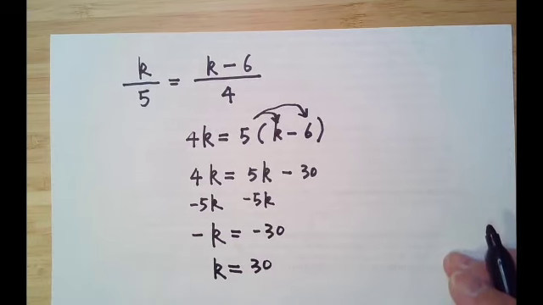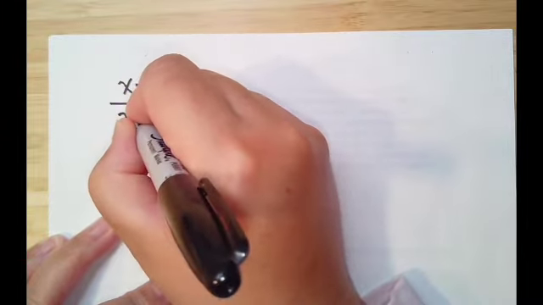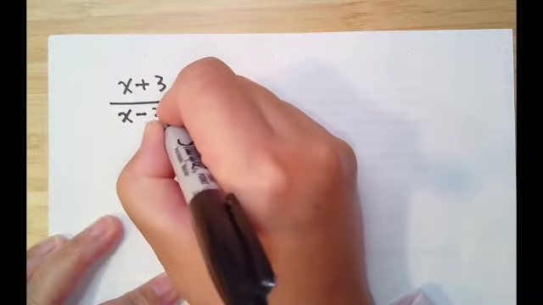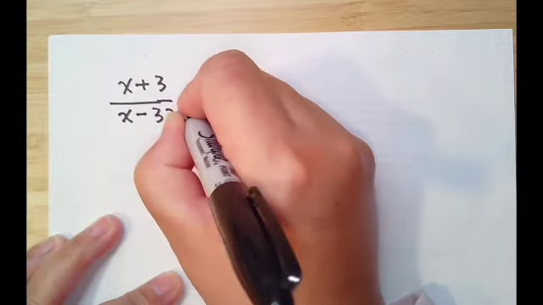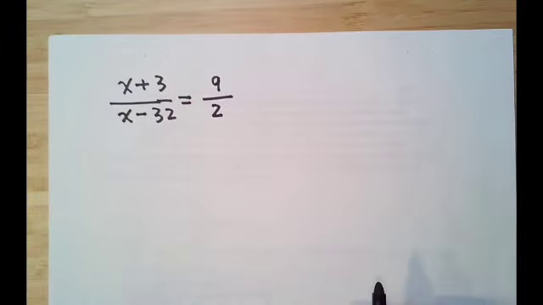Alright. So we are going to work on the most complicated question, then we're going to move to the next, okay? So we're going to do this. It's a huge number. Okay. x plus 3 over x minus 32 equals 9 over 2. So don't be scared.